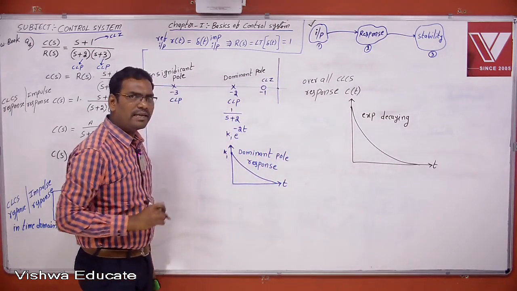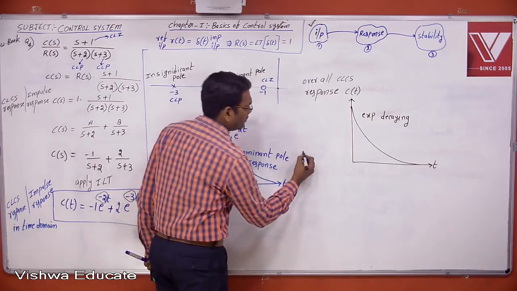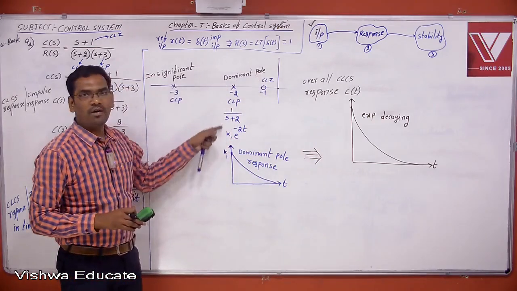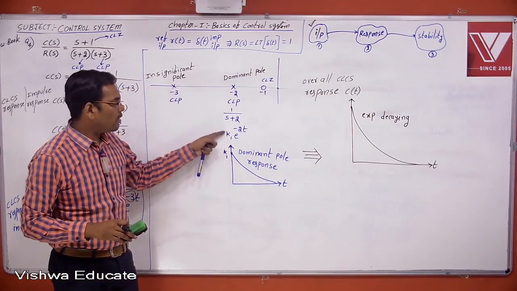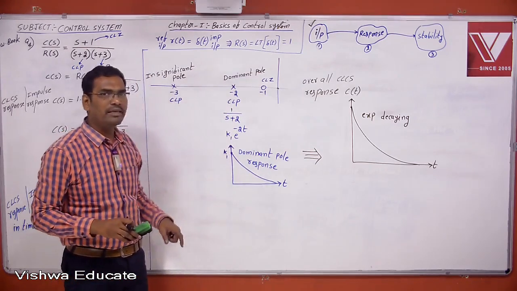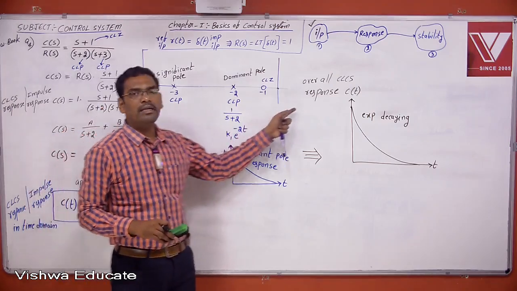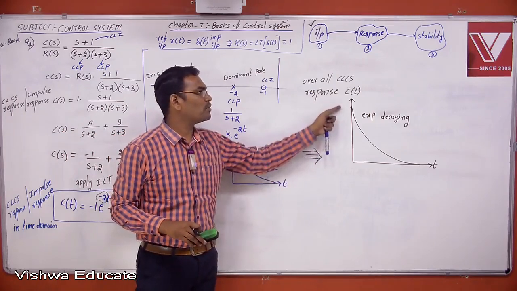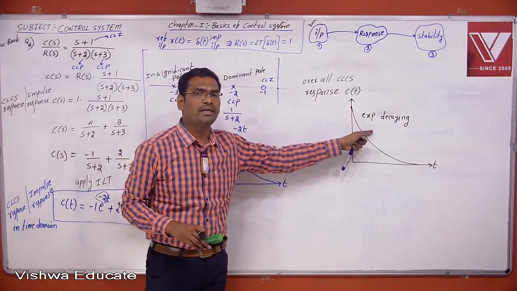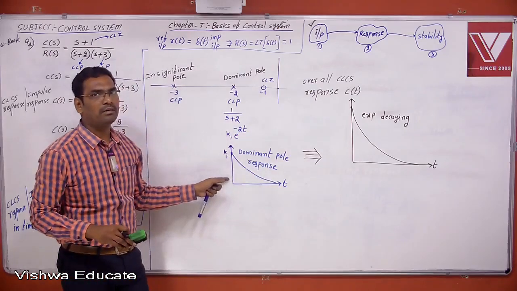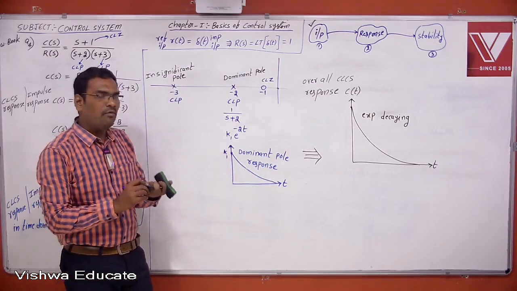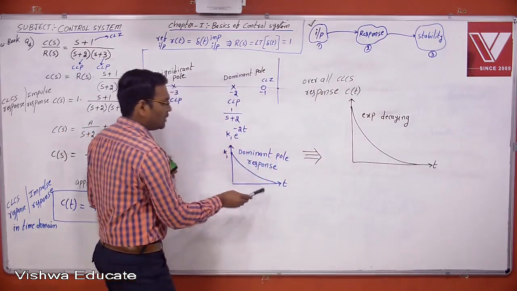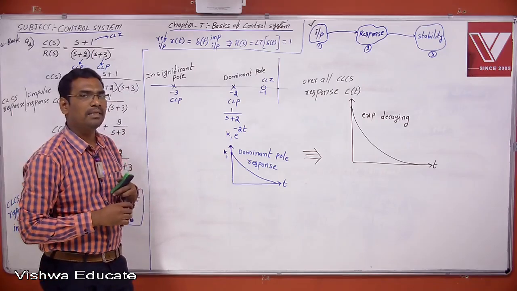Now, how did you decide that? See here, this is the dominant pole response. You are writing that the dominant pole response is exponentially decaying. By looking at this dominant pole, you decided the overall closed loop control system response. You are saying it is exponentially decaying by looking at the dominant pole. Is this the correct way to decide the overall closed loop control system response, by looking at the dominant pole? Tell me, is it the correct way?